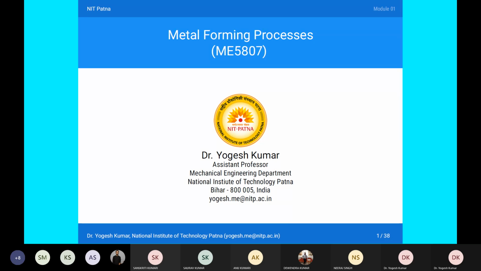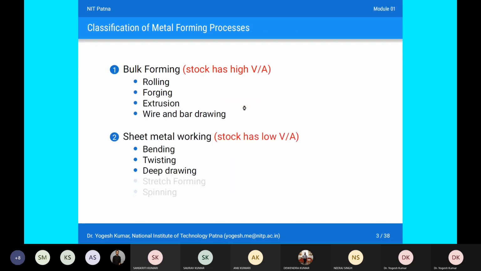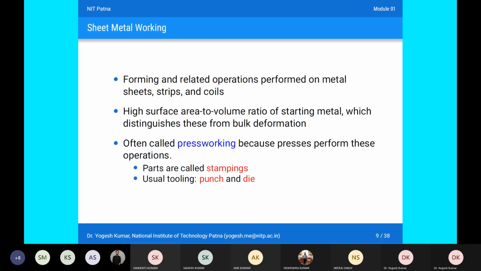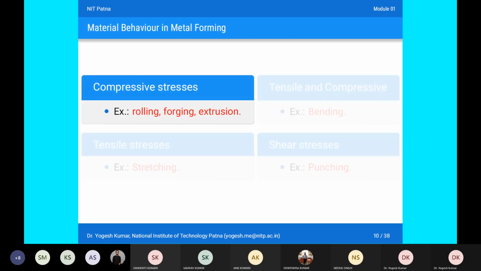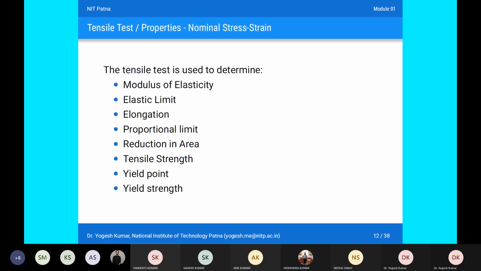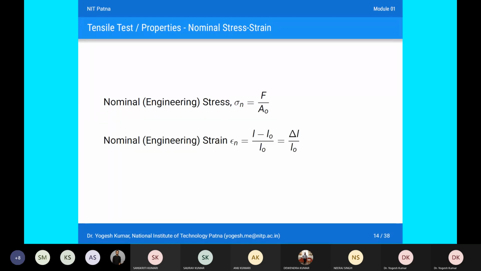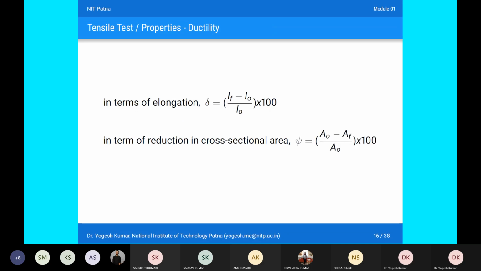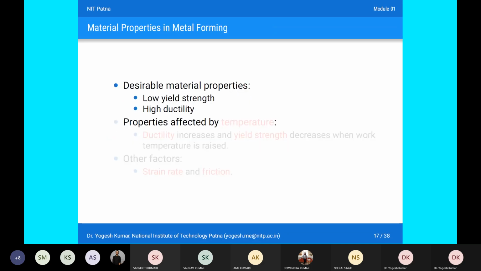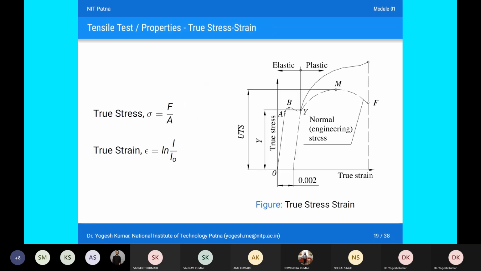So up to now we have covered in metal forming processes introduction, classification, then material behavior in metal forming, then tensile test and important engineering properties, role of ductility, then material properties in metal forming. Up to this we have covered.